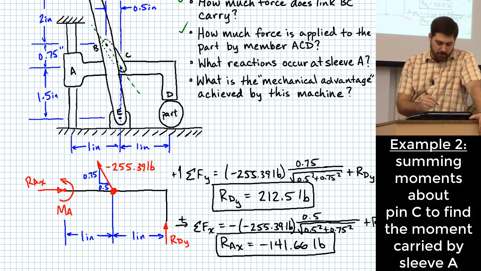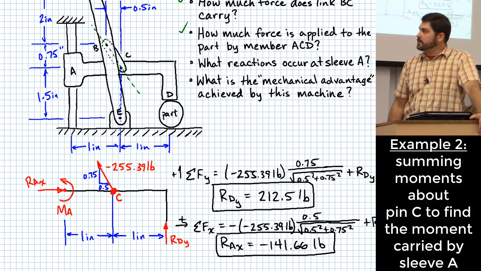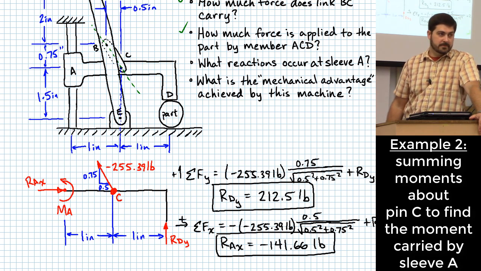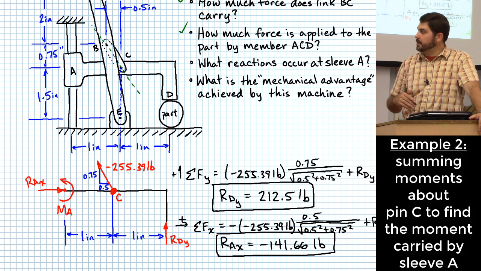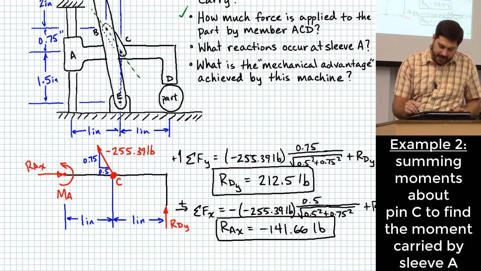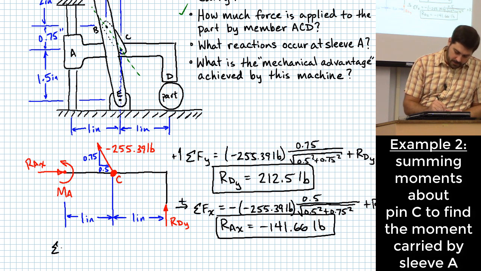Yeah, that's right. That's point C. Why might that be a nicer thing to do? Yeah, it gets rid of one more of my forces, and it makes my sum more compact. So I'm going to do that, summing moments around point C.